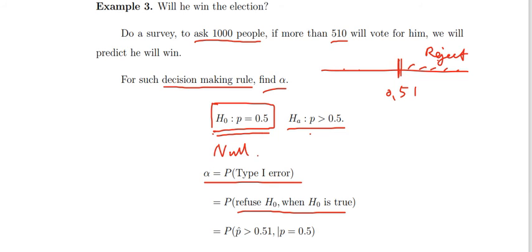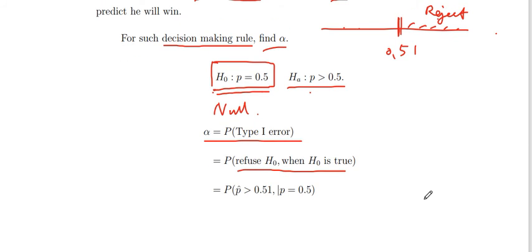We will say not half. He will win, right? Okay, so reject H0 when H0 is true. Which part is the rejection? This part. So when H0 is true, P equals this.